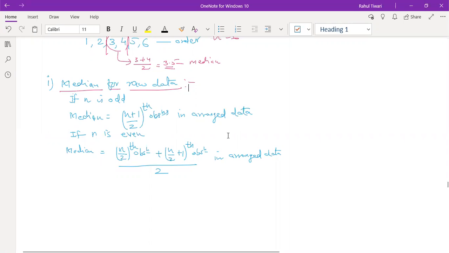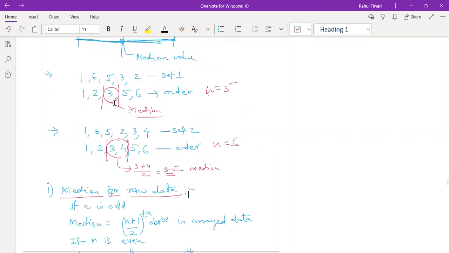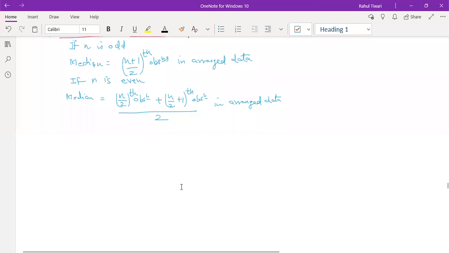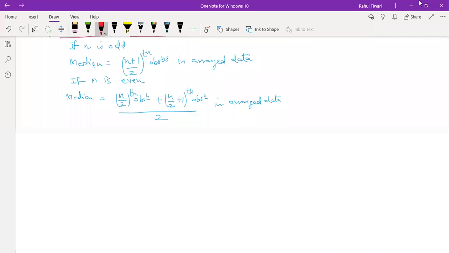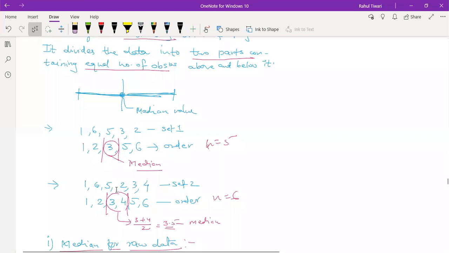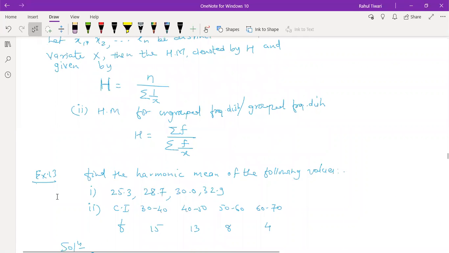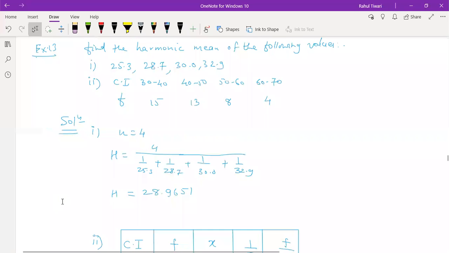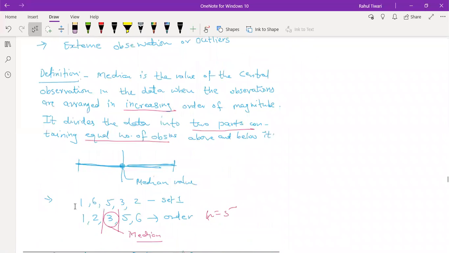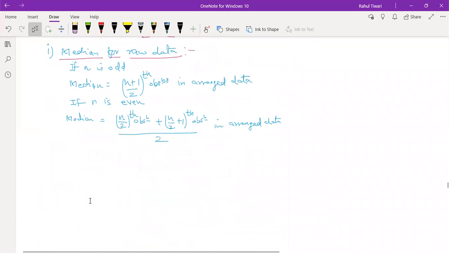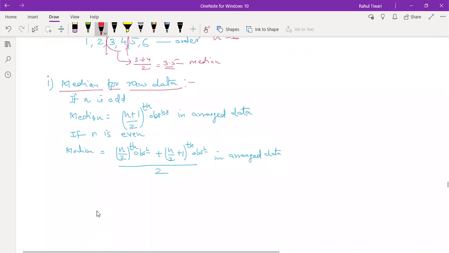Since we have already done one problem, like how this is a shortcut method, let's check down this data. For example, we did example number 13. Let's take example number 14.